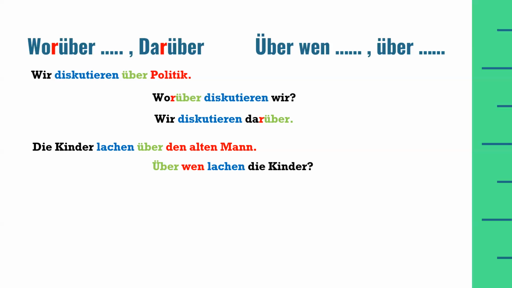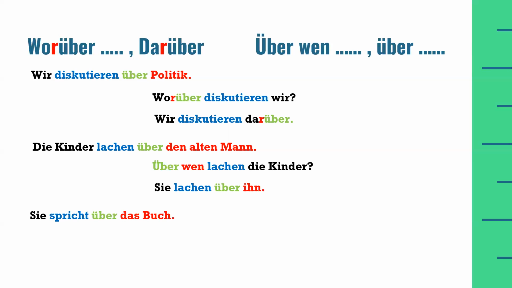Wem will always be used for dative prepositions, and for accusative prepositions we have to use wen. Über wen lachen die Kinder? Sie lachen über ihn. They are laughing at him. Now we have to take the accusative personal pronoun for alten Mann, which is ihn.